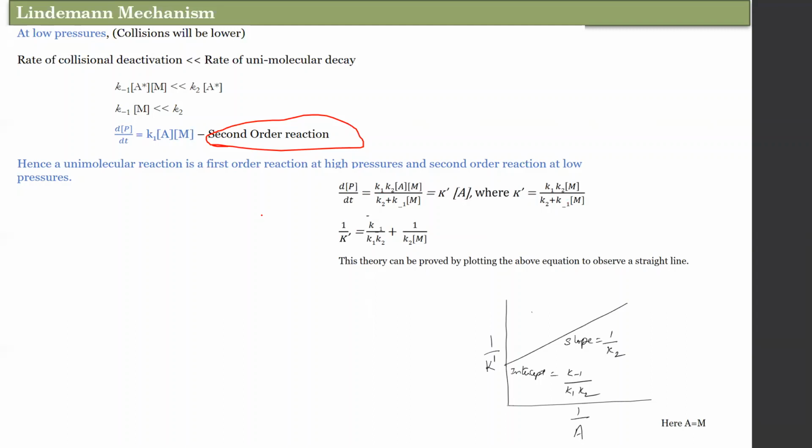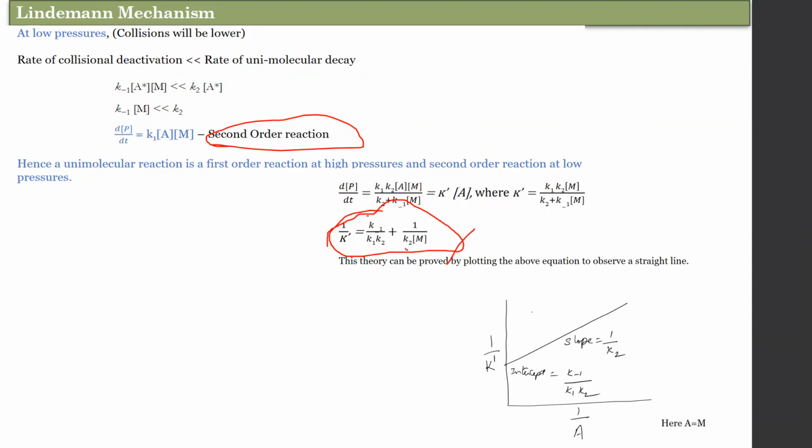Also, by defining the rate law, he defined an expression for k dash, the overall rate constant, and the graph for it with respect to change in concentration of A. This equation must be remembered.